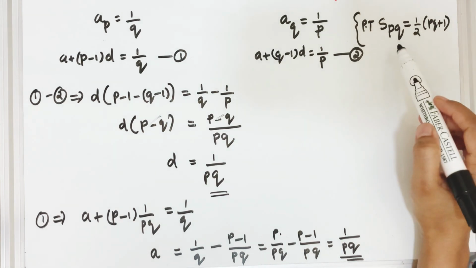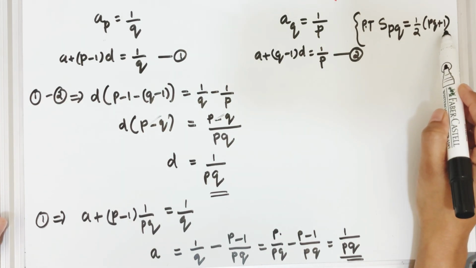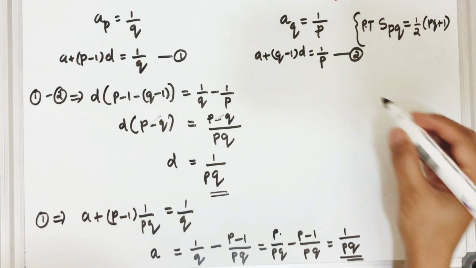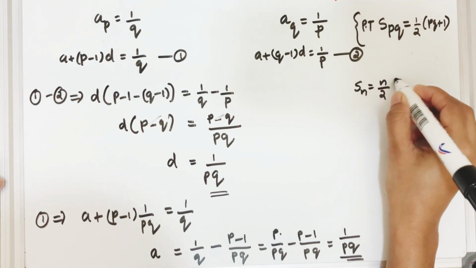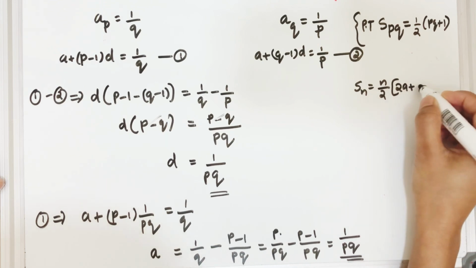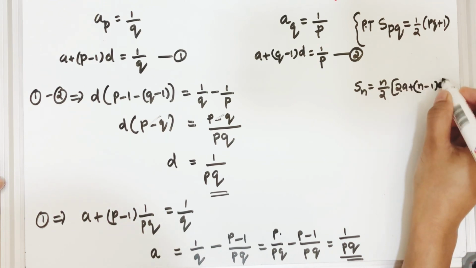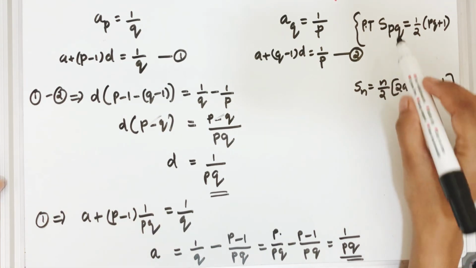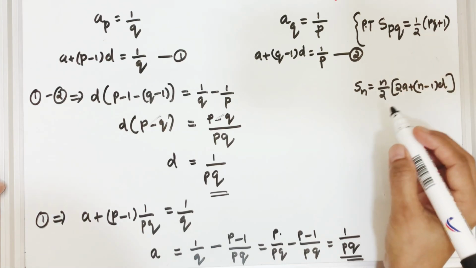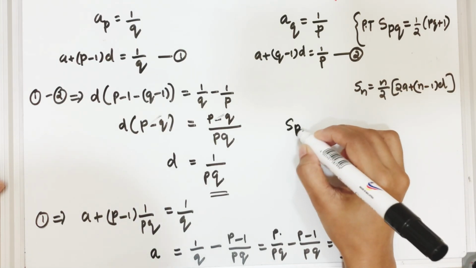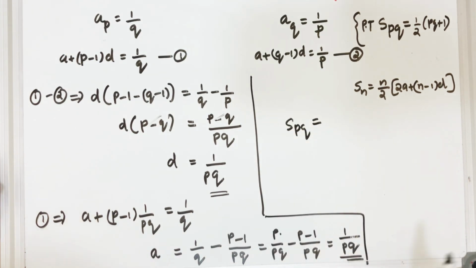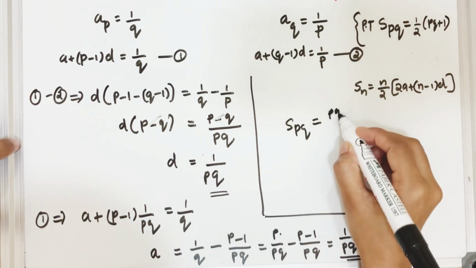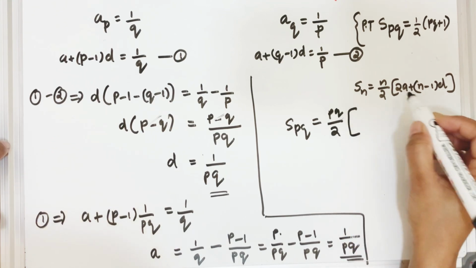We have to prove SPQ is equal to 1 by 2 into PQ plus 1. Now what is the formula for Sn? Sn is equal to n by 2 into 2a plus n minus 1 into d. Here instead of n, put p into q. Therefore SPQ is equal to PQ by 2 into 2a.